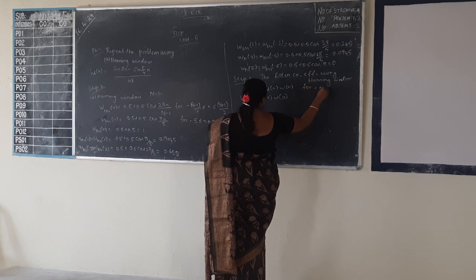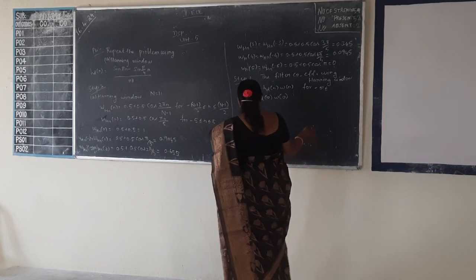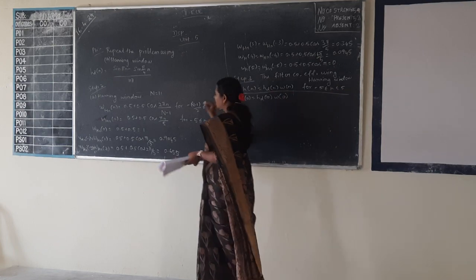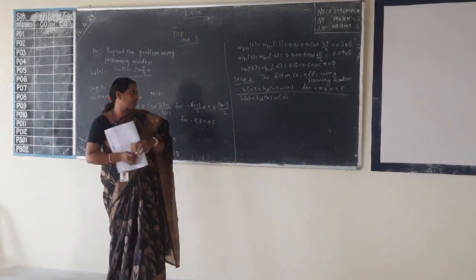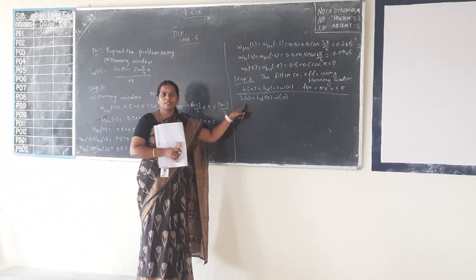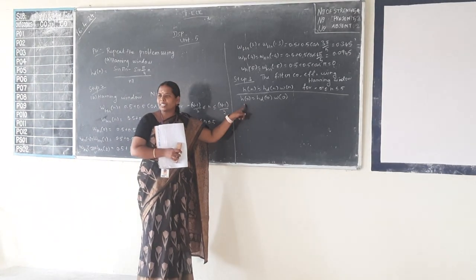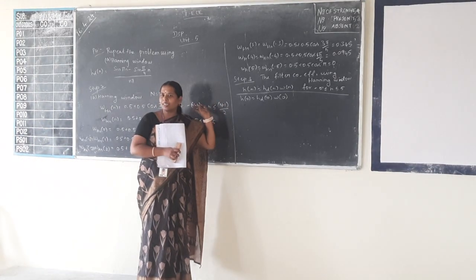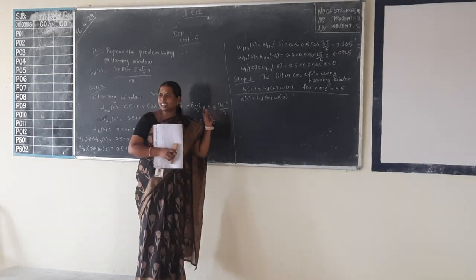After multiplication with the window sequence, we will get the truncated one. From minus infinity to plus infinity, we got h_d of n. After multiplication with the window sequence, we get the truncated sequence.